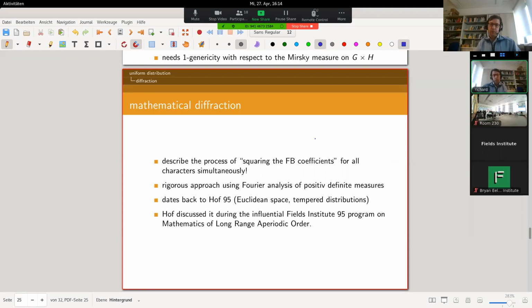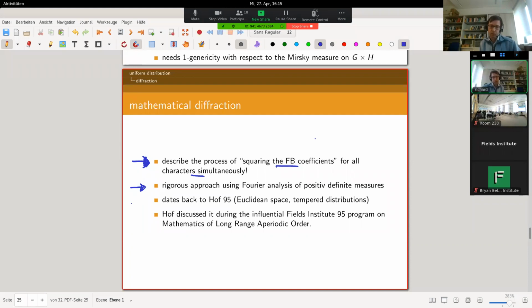We go on to mathematical diffraction and going from the Fourier-Bohr coefficients, these individual objects, to objects which collect all of the information in one object. So we would like to describe this process of squaring the Fourier-Bohr coefficient for all characters simultaneously. And of course, as we know, this can be made rigorous, this approach, by using positive definite measures in their Fourier analysis.